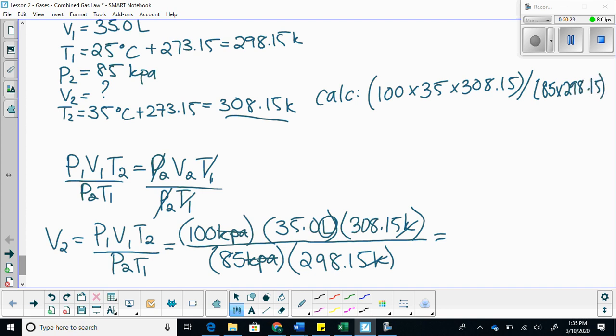You need to use brackets, otherwise it will be wrong. These two numbers are multiplying each other in the denominator. You need to communicate that to your calculator as well. If you leave this set of brackets out, you will get the wrong answer. Once you plug that in correctly, you will get 43. I want everybody to pull out a calculator, plug this in, and make sure you get 43.